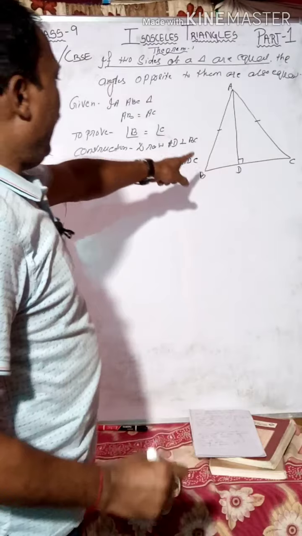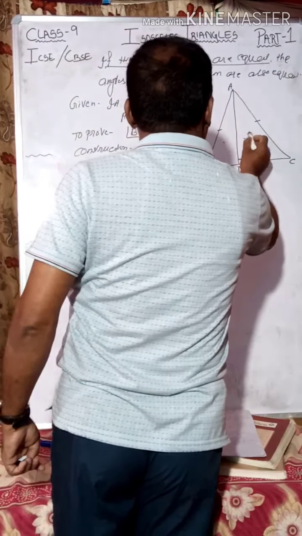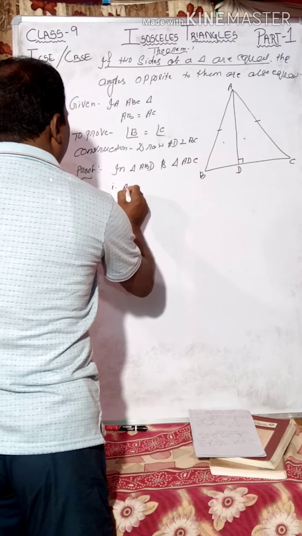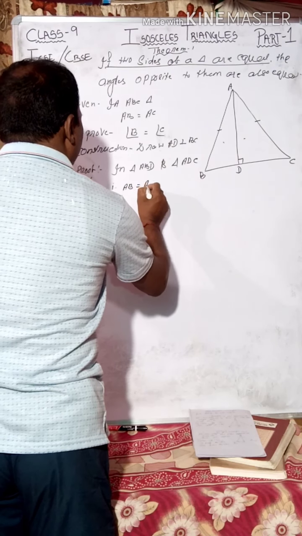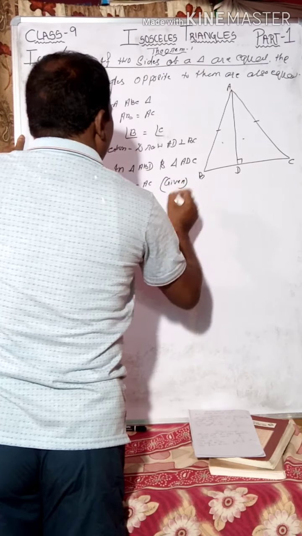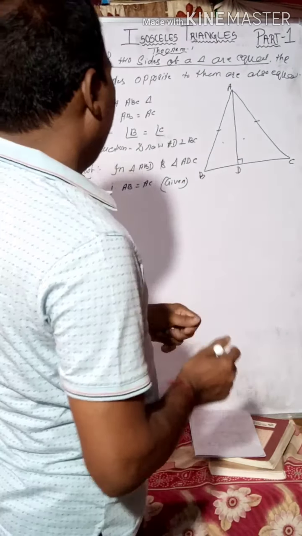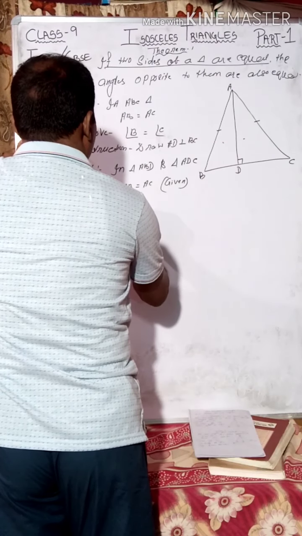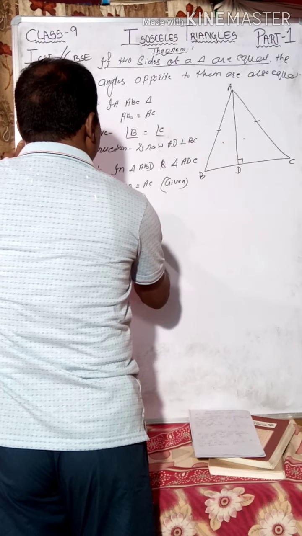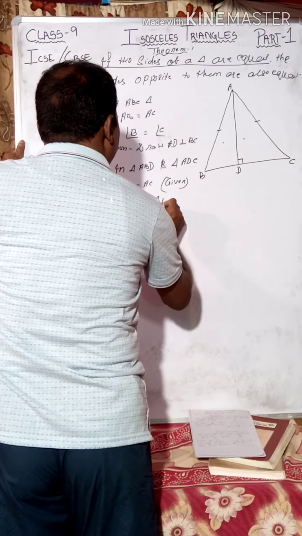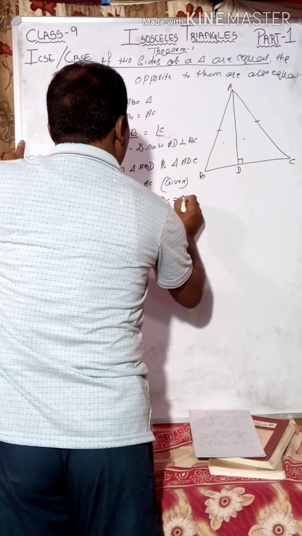In triangle ABD and ADC, first, AB is equal to AC, that is given. Second, angle ADB is equal to angle ADC, that is equal to 90 degrees.